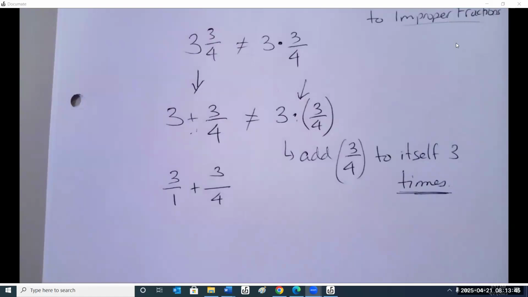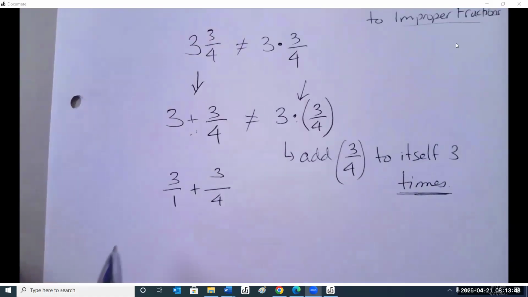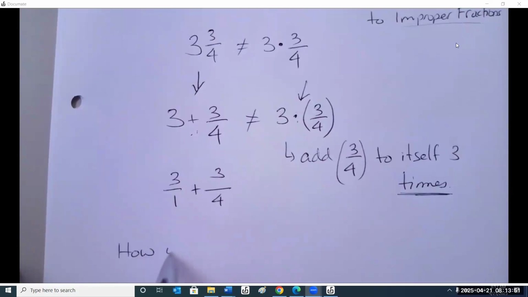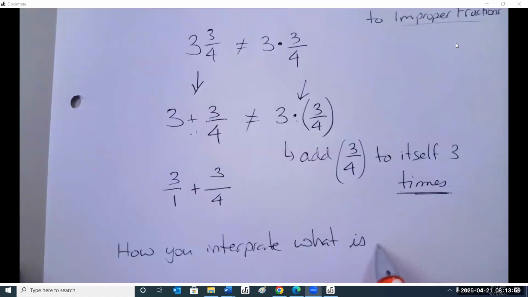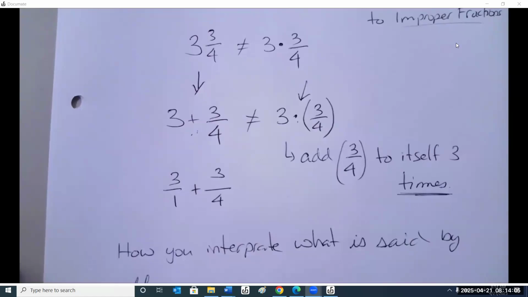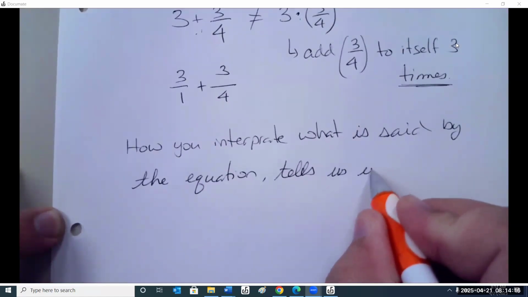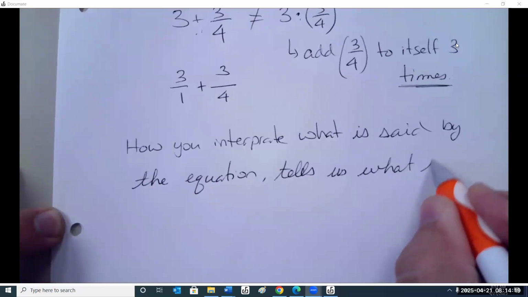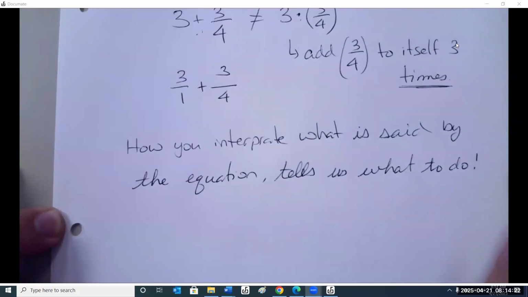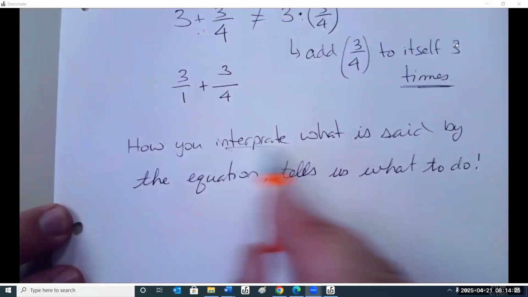How you interpret what is said by the equation tells us what to do. How you interpret what it says.